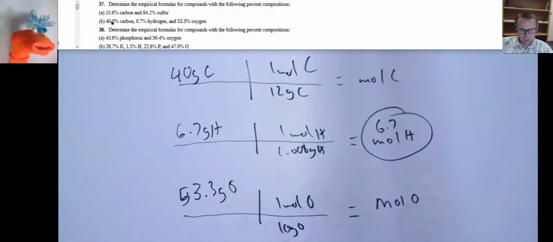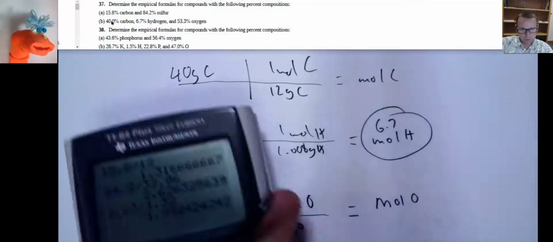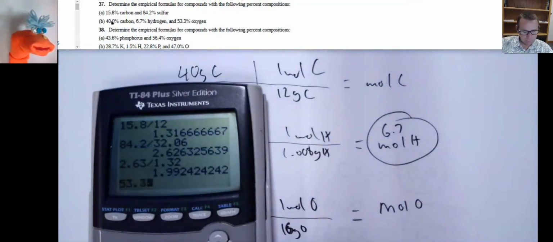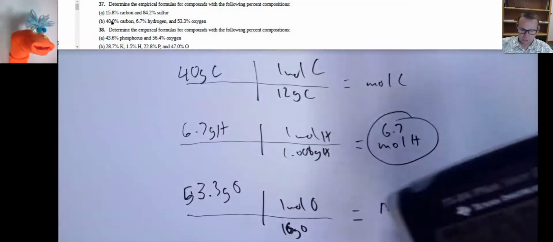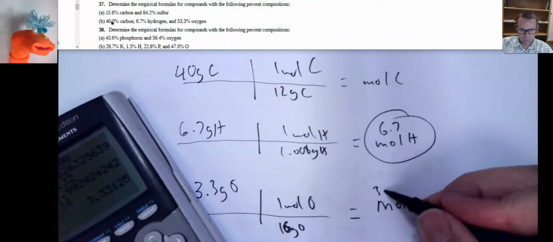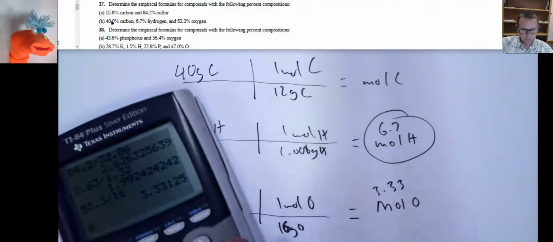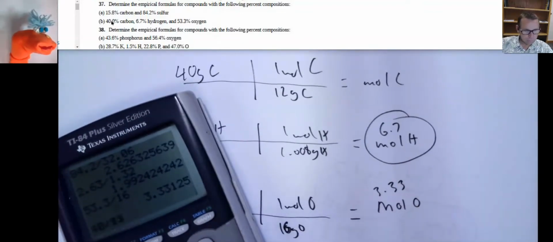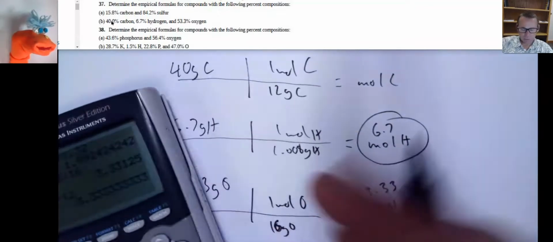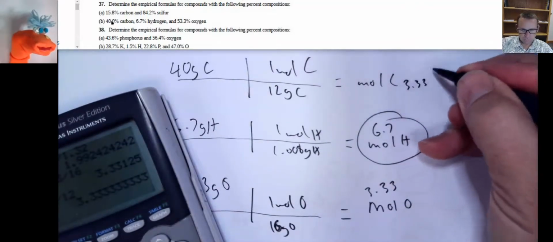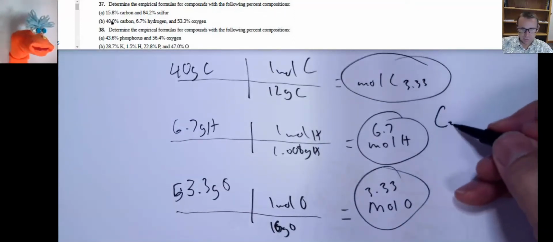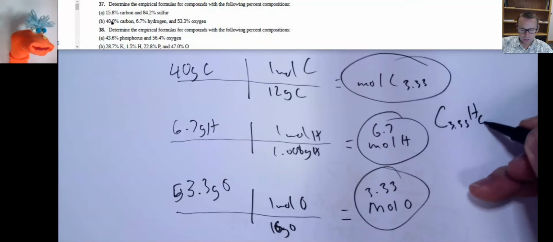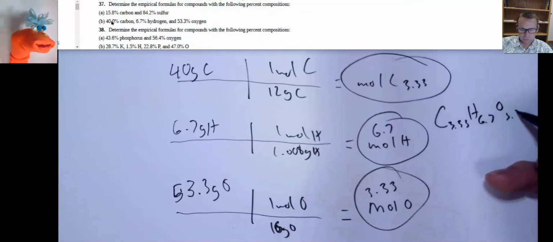So 53.3 divided by 16, and we get 3.33, and then 40 divided by 12, 3.33 as well. Okay, so C 3.33, H 6.7, O 3.33.